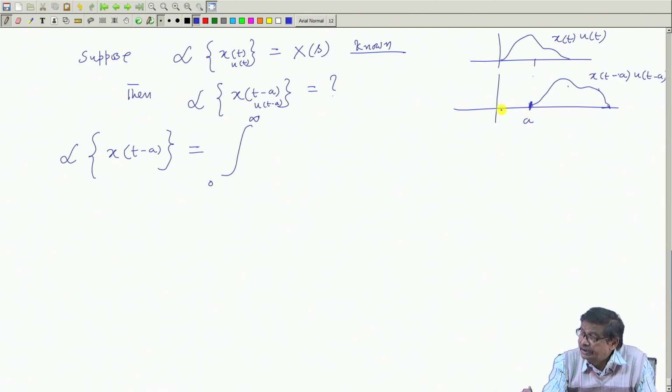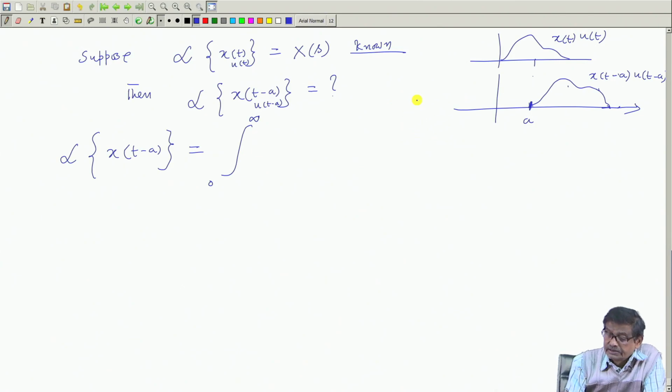So, it is shifted to the right. How can it shift to the right? If the function bodily shifts to the right by an amount a in the time domain, and then you multiply it with u(t minus a) so that this part vanishes, it is a causal signal. So, this is the Laplace transform of this into u(t minus a), I mean that.